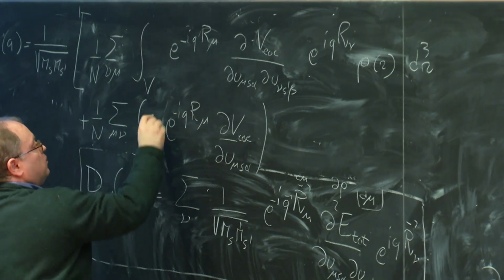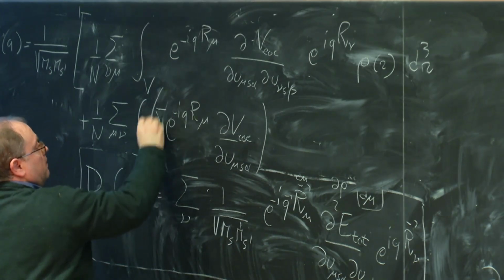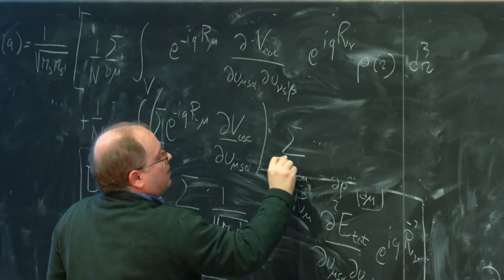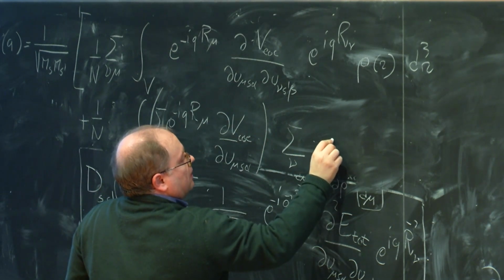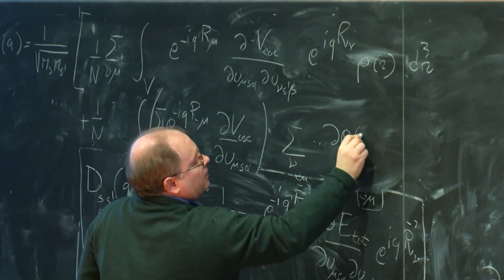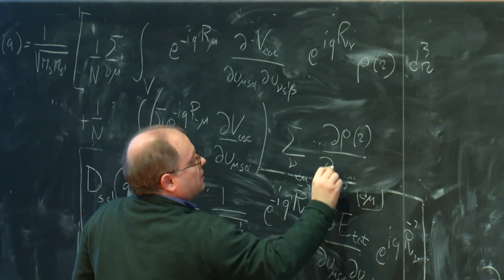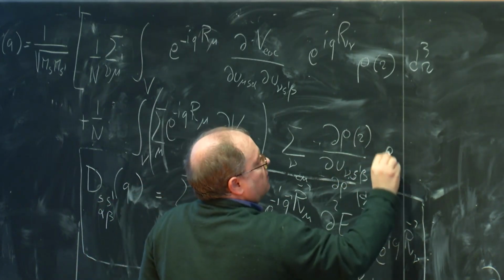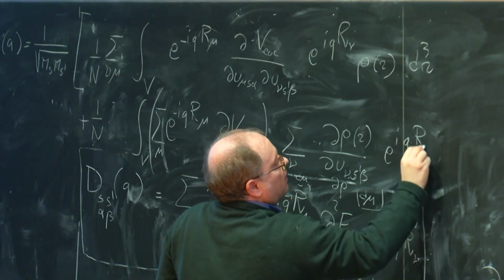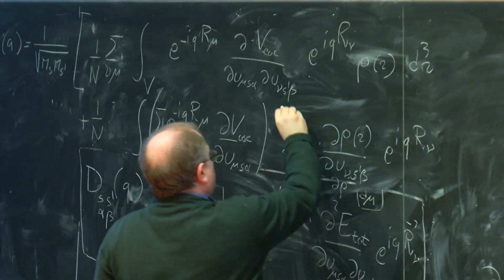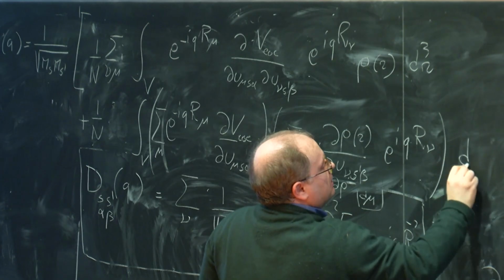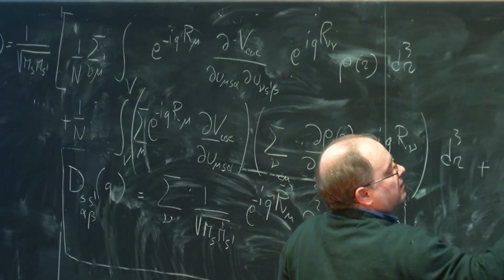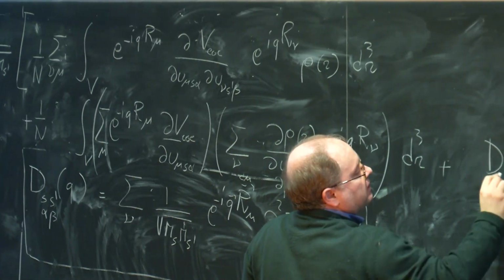And let's say that I put here the sum over mu, and I bring here the sum over nu, d rho of r over d u nu s prime beta, e to the i q r nu, d3r, plus the part of the dynamical matrix that derives from the ion-ion interaction.